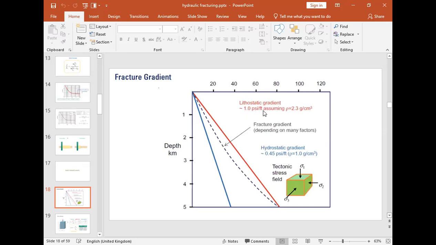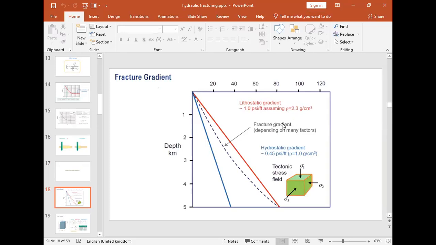We may have a general trend, approximately 1, but it doesn't mean that it must always be 1. We may have 0.9, 0.95 in some areas, depending on the type of rock in that area, because lithostatic pressure depends largely on the density. So the density of the rock also matters.